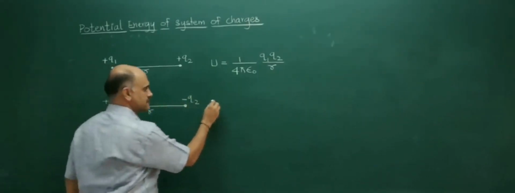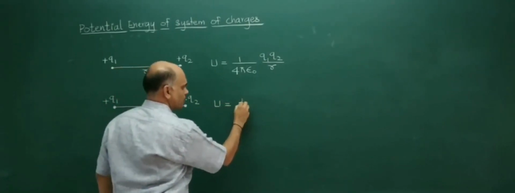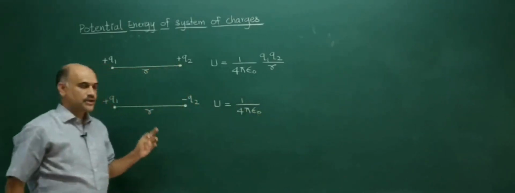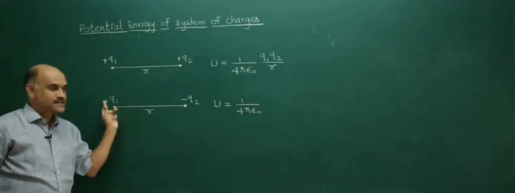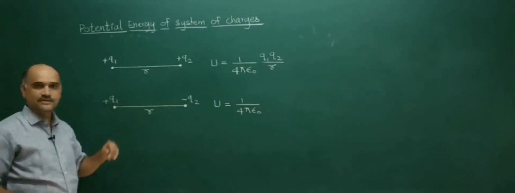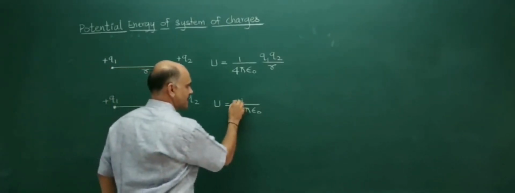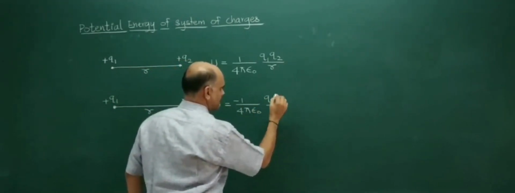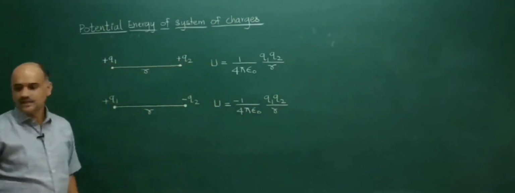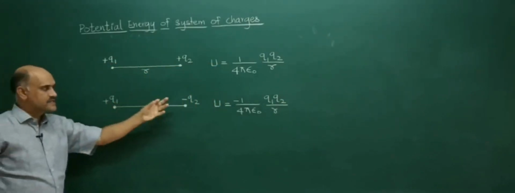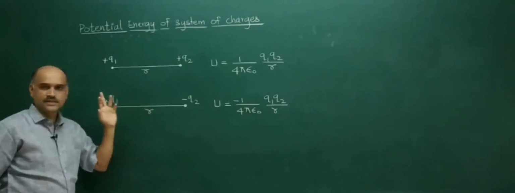Here in the second case you will have 1 by 4 pi epsilon naught q1 into q2, and plus into minus gives minus. So minus q1 into q2 divided by r. If there is a negative you are required to consider it.